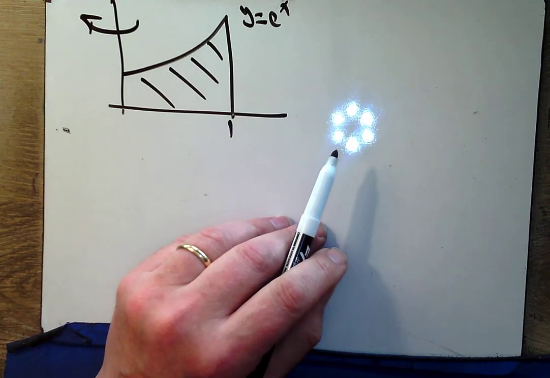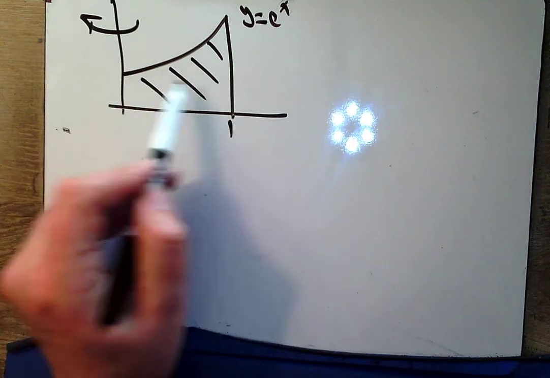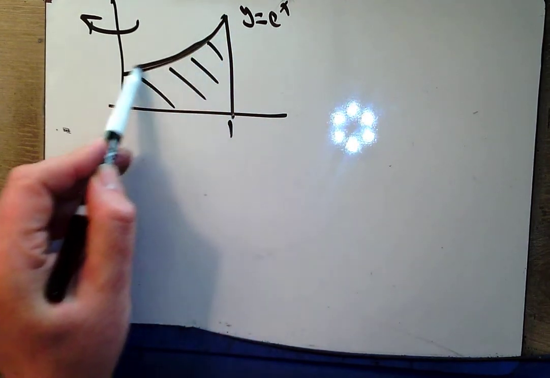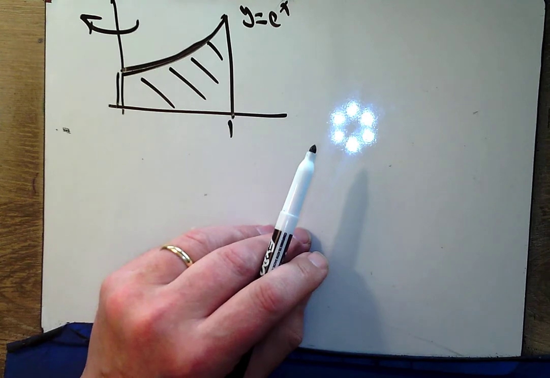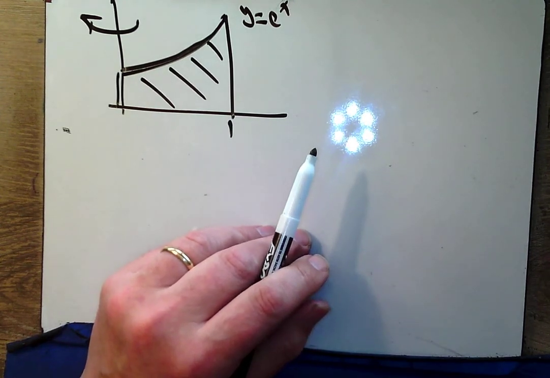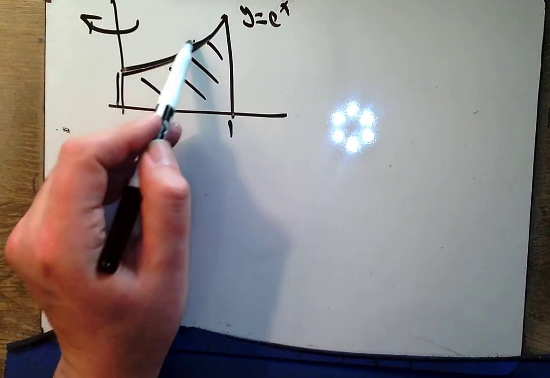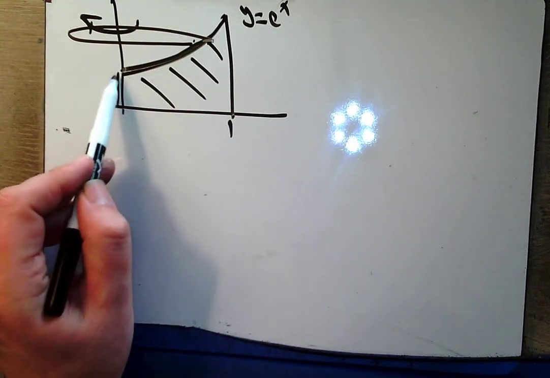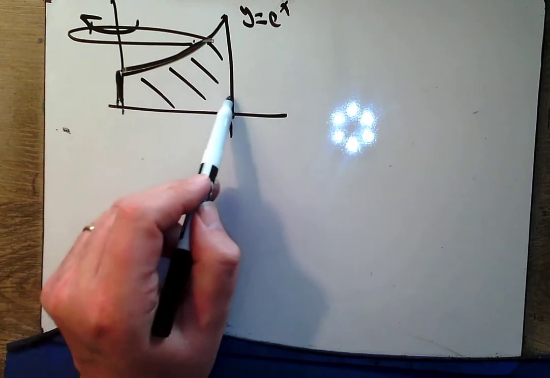Okay, so do you want to do disks and washers? No, because I don't have the same right function each time. And that's going to be a problem if I try and do this with washers, because this little r is 0. There's no little r here. I've just got a big R.